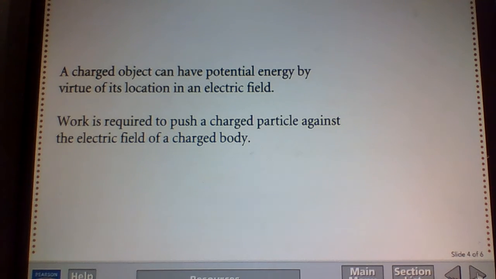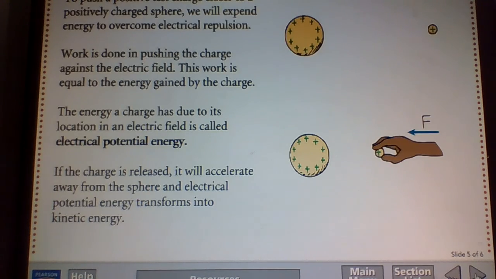But if I try to pull that away, it doesn't want to pull away because they are attracted. And so to push a positive test charge closer to a positively charged sphere, we're going to expend energy to overcome that electric repulsion.